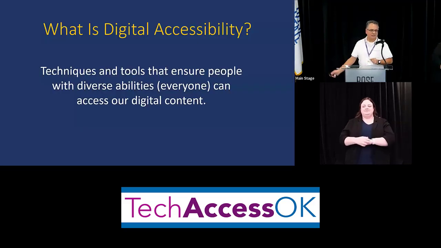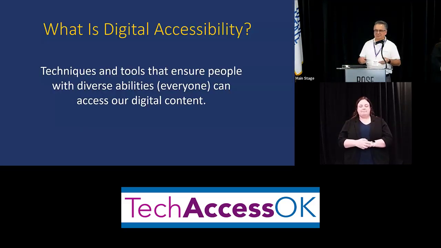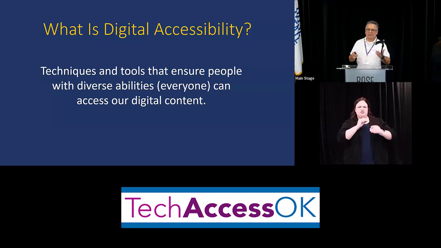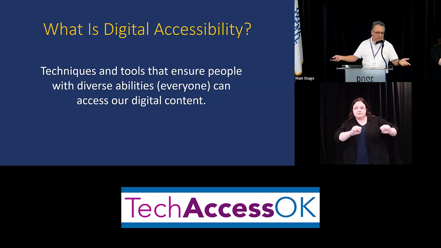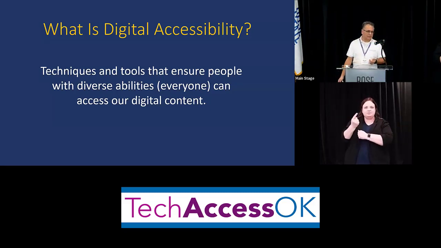Yeah. So I always like to start with what is digital accessibility. And if you're in this field or have dipped your toe into this field, you'll see a lot of different definitions. I tried to boil it down to the most simple way to express it. Techniques and tools that ensure people with diverse abilities, which is everyone, can access our digital content.